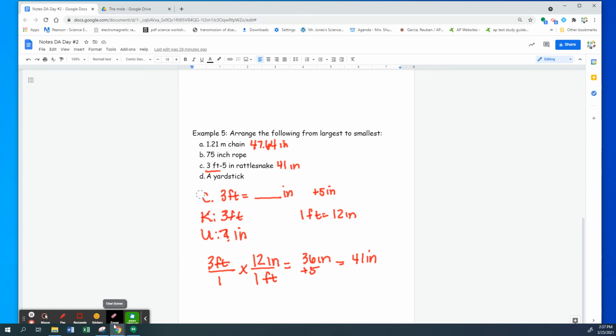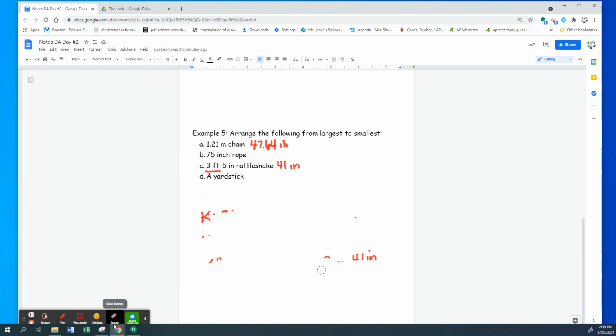For our next one, letter D, we're going to go from a yardstick to inches. So my known is a yardstick. My unknown is question mark inches.